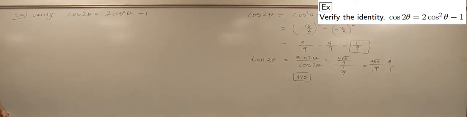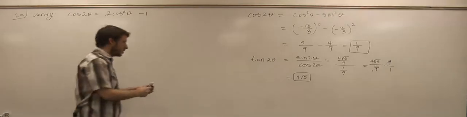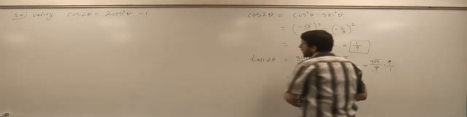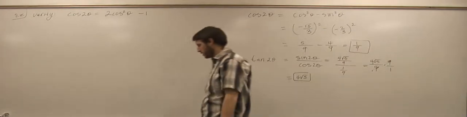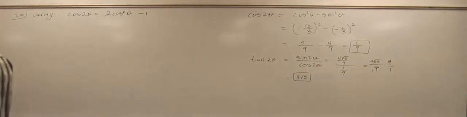So I want you to convince me or somehow show me that cosine of 2 theta is 2 cos squared theta minus 1. How can you prove this or verify this?